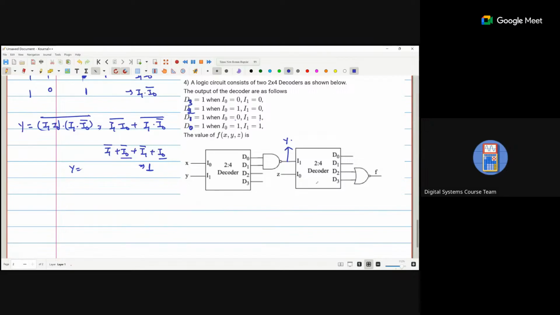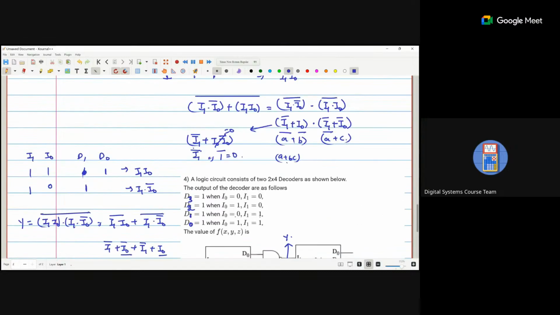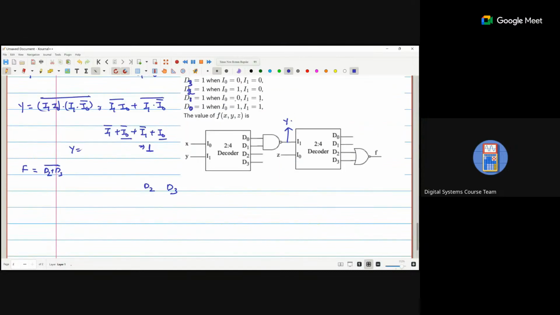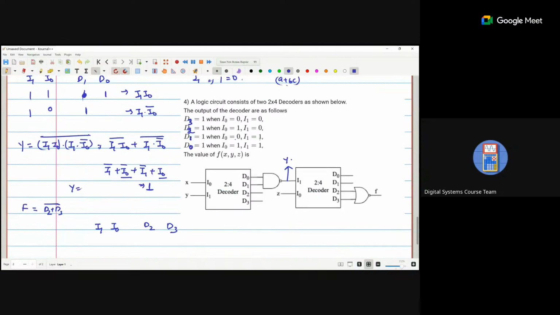Now for the second decoder, what is F? F is D2 plus D3 bar. So we require only D2 and D3, taking I1 and I0.